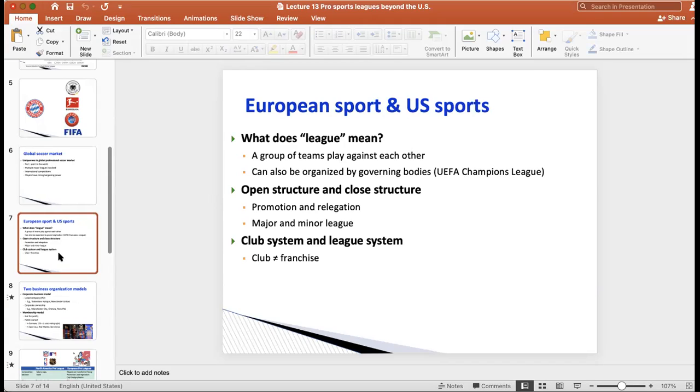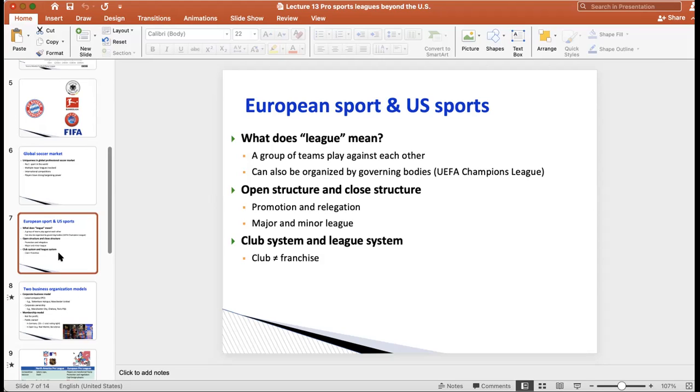This is how the system was organized. This is why the clubs play such an important role. Then they started organizing competitions and then it's the league. It took them about 115 years to develop from a club to a league. So the basic role of the club is very important.